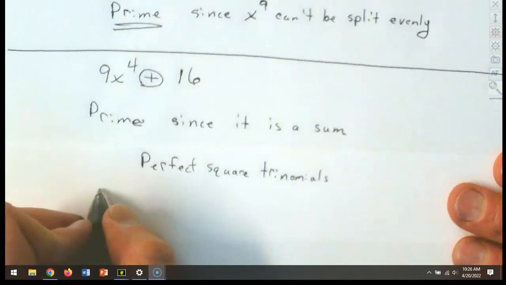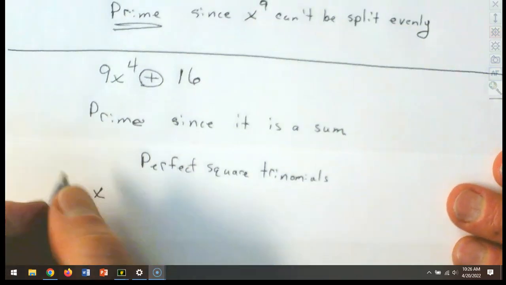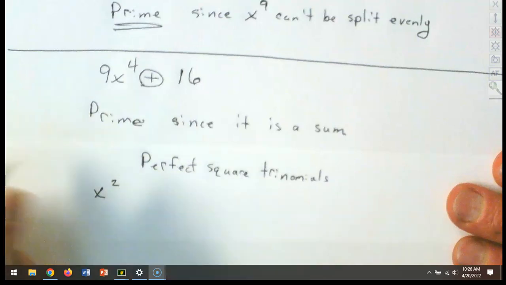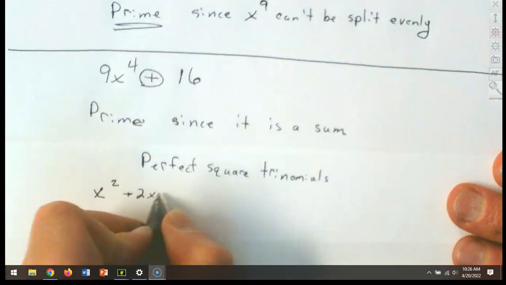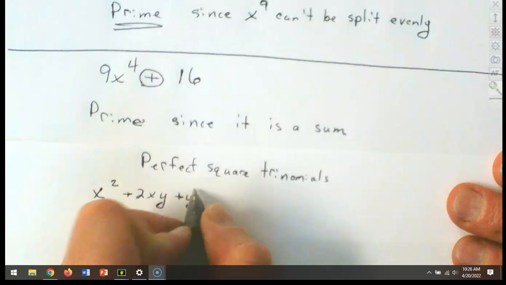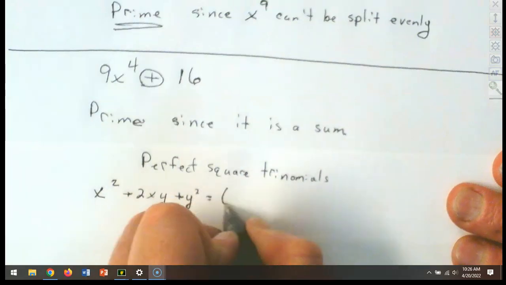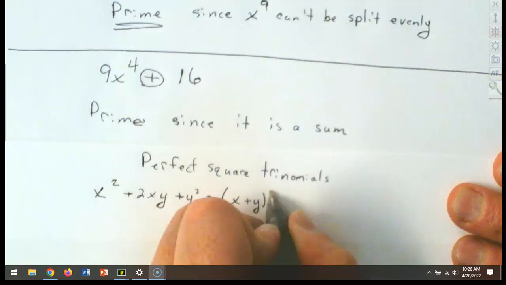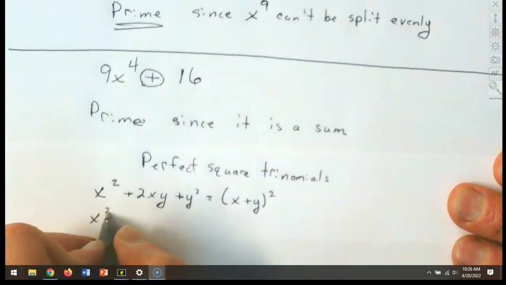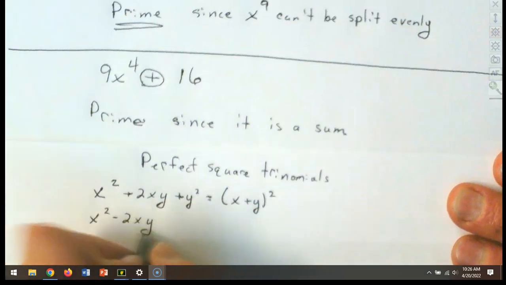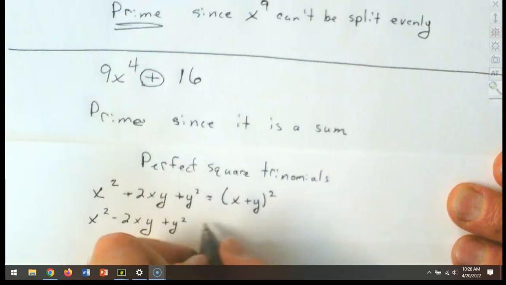Perfect square trinomials are either positive or negative, and the positive gives you a positive square out, and the negative one gives you a negative out.